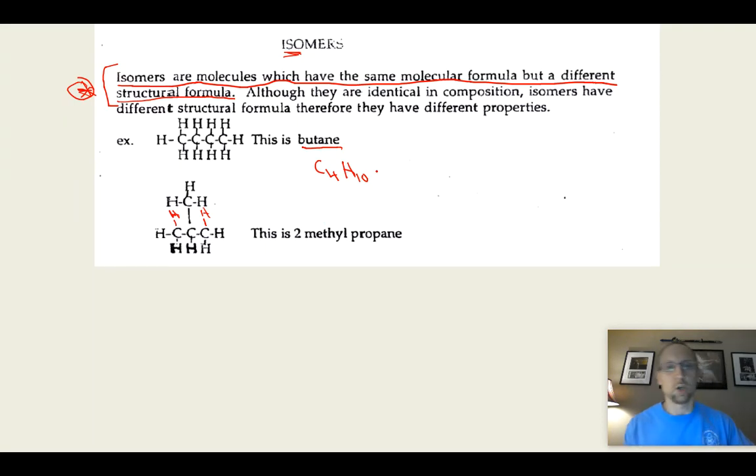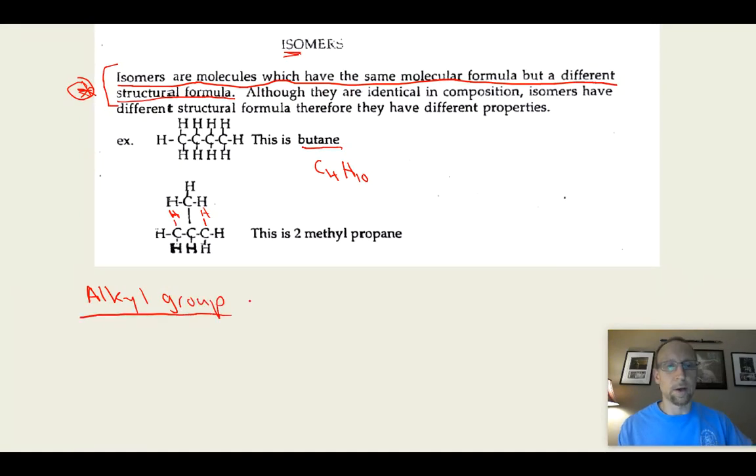So it's the same molecular formula, but notice this is different structurally. It's not this single straight chain. You've got this branch here, right? And this branch we call an alkyl group. So what is an alkyl group? You need to know this term.